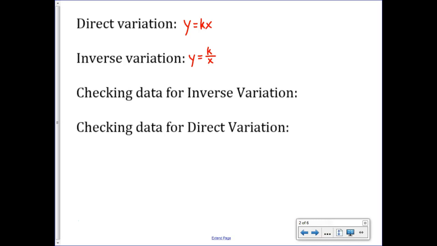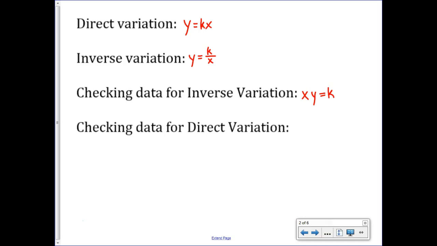So if you want to check for inverse variation, you would multiply both sides by x, and you would get x times y equals k. So when you're checking, if you multiply x times y and you get the same constant value for all of your x, y values, you have inverse variation.